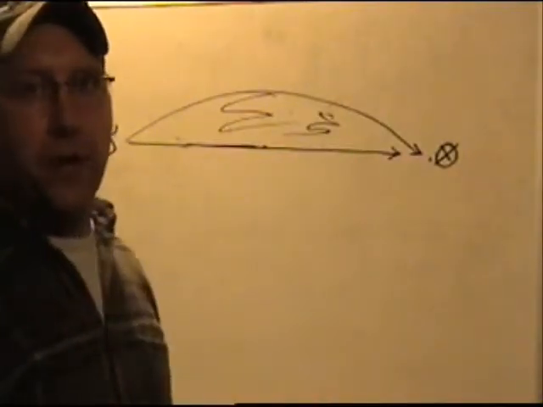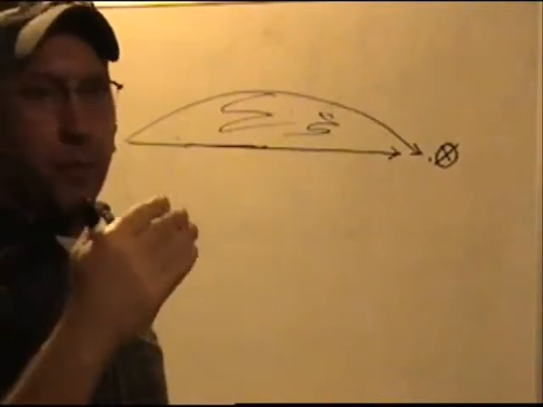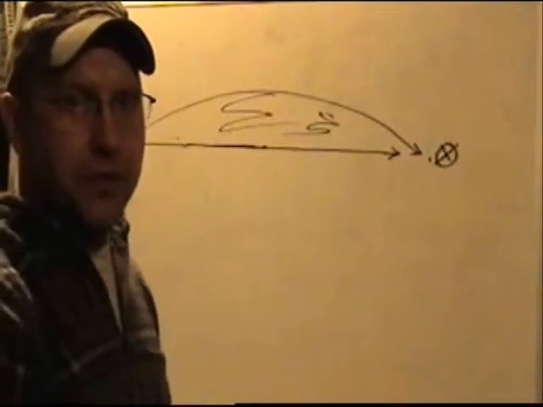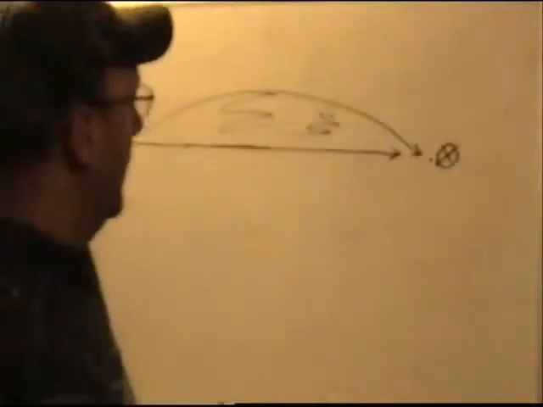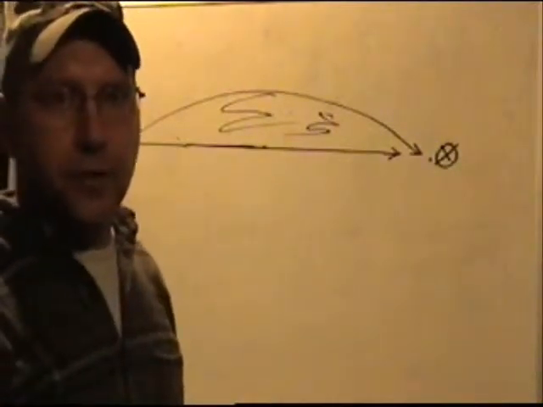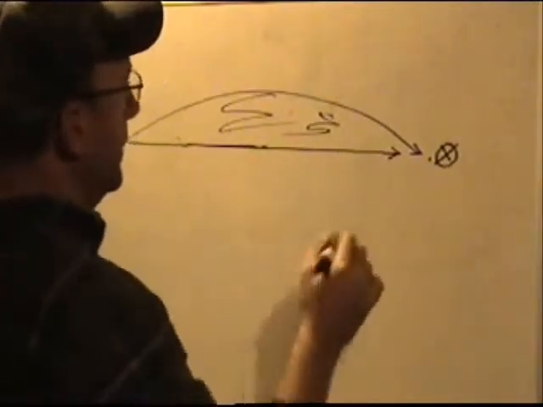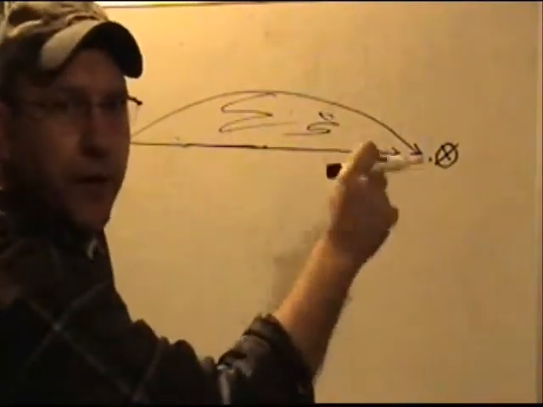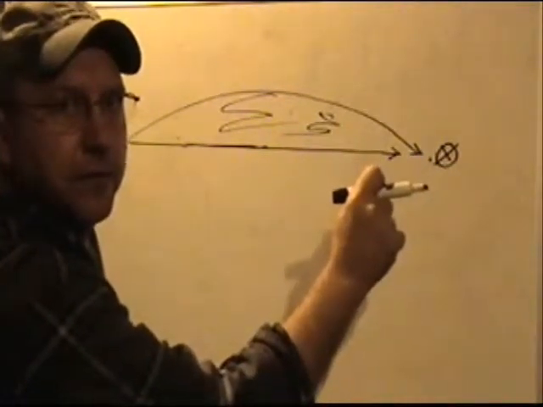When you're firing on a rifle range, you're shooting at known distances, maybe 25 meters, 50 meters, 100 meters, 200 meters. In a hunting situation, it's not like that. On a rifle range, you're only concerned with where that bullet strikes the target at that known distance.